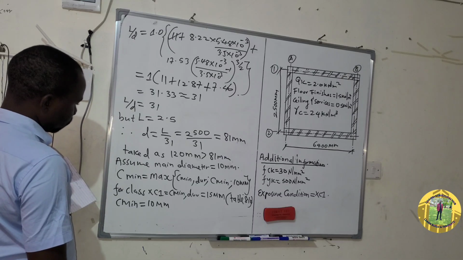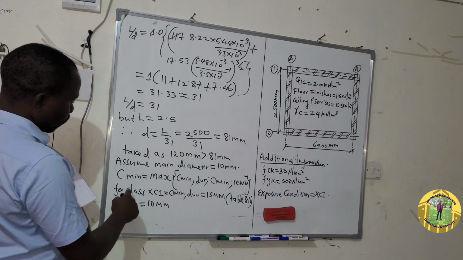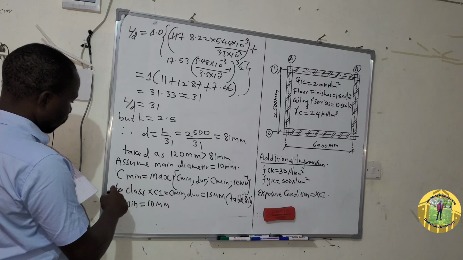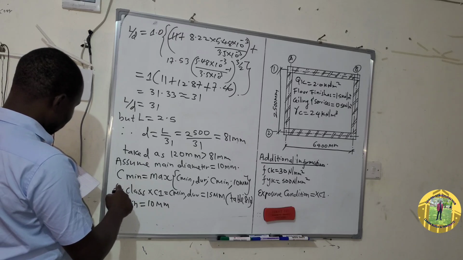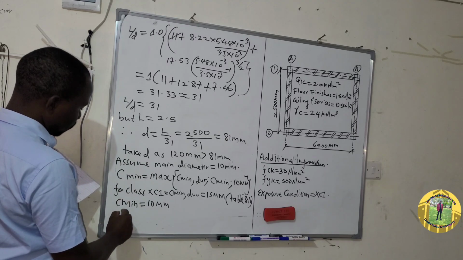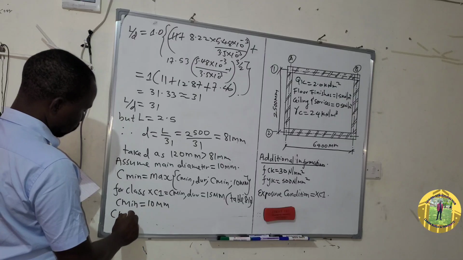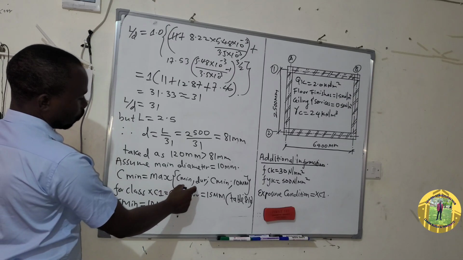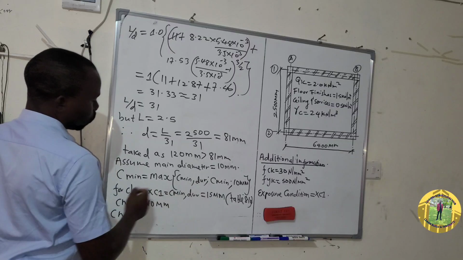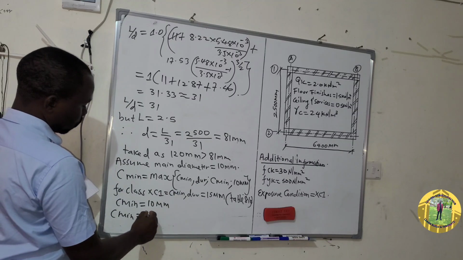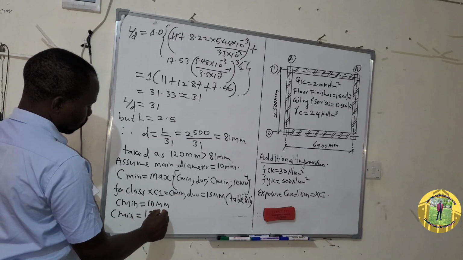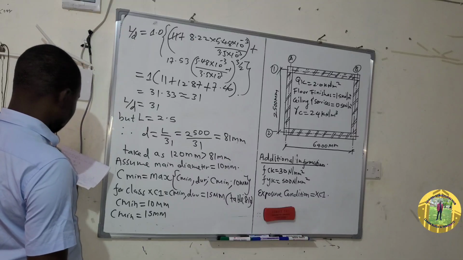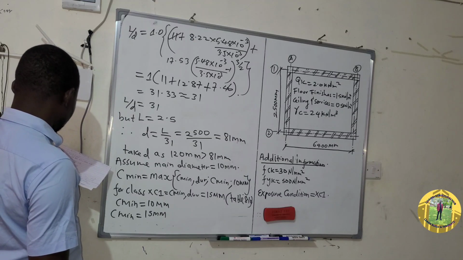So the C minimum will be the maximum of these, which is 15 millimeters.